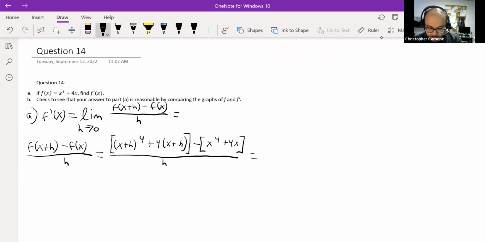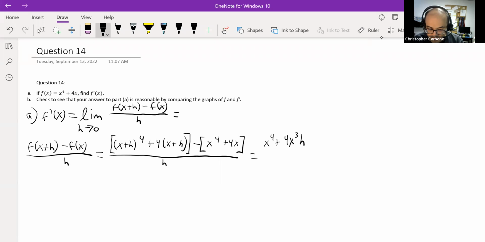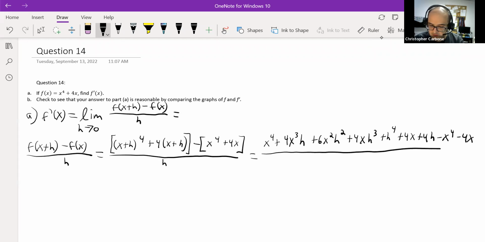So expanding the x plus h to the fourth, distributing the 4 and the 4 times x plus h, and distributing this negative at the end, this makes x to the fourth plus 4x cubed times h plus 6x squared times h squared plus 4x times h cubed plus h to the fourth, plus 4x plus 4h, minus x to the fourth minus 4x, all divided by h.